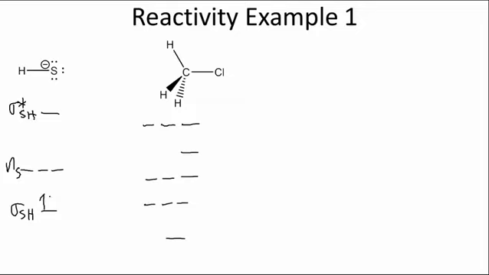All right, and I would have electrons in the lone pairs. All right. And then in CH3Cl, lowest energy orbital, sigma CCl, then sigma CH, then non-bonding on chlorine, sigma star CCl, and sigma star CH.